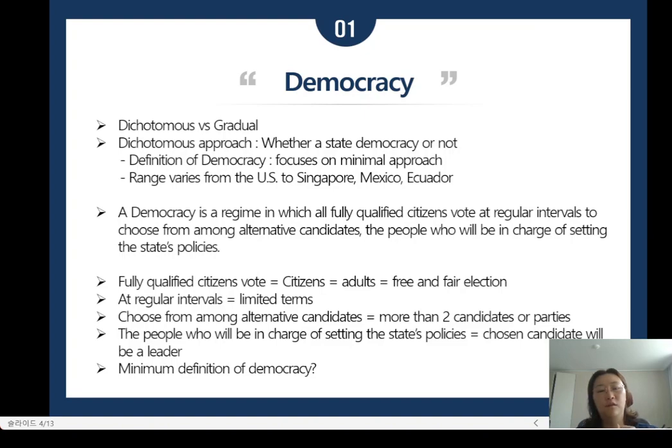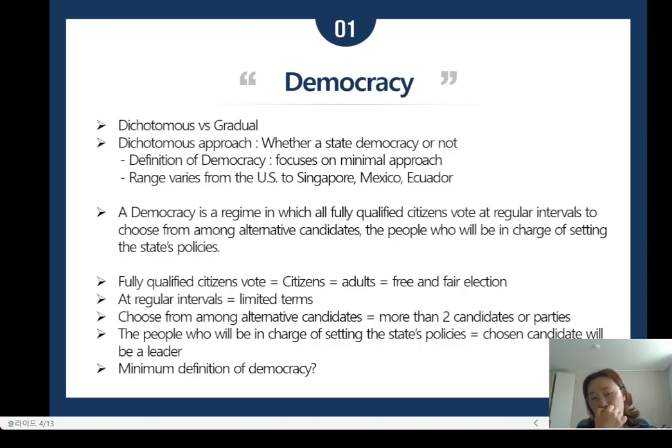So a fully qualified citizen should vote. That's number one, and at regular intervals. So we have to know what our next election is. And third, there must be at least two different candidates. And four, the people who were elected should be in charge of the government policy. And fully qualified citizen, adult citizen usually.